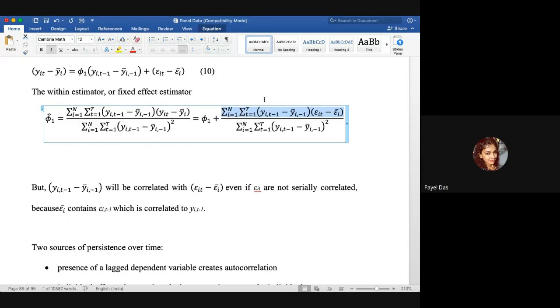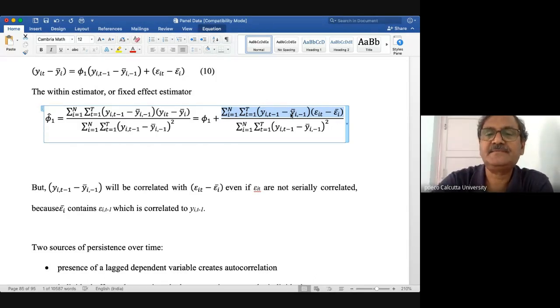Yes, sir. Now in this expression you have yit minus 1 here, but there is no epsilon it minus 1 apparently. But if you look at the formula for epsilon bar I, what is epsilon bar I? Epsilon bar I is equal to sum of epsilon it divided by t.